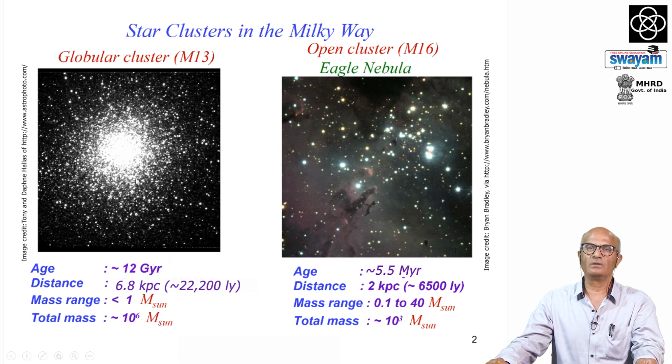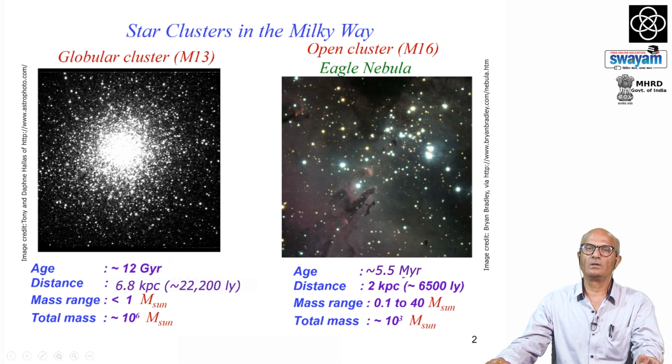In fact, they are taken from the SDSS sky survey, and as you can see, one group of cluster is so compactly bound that at the center of the image we are unable to resolve them, and only integrated light observation of this part is available, and they are called globular clusters, and its catalog number is M13. And studies have shown that its age is about 12 giga years.